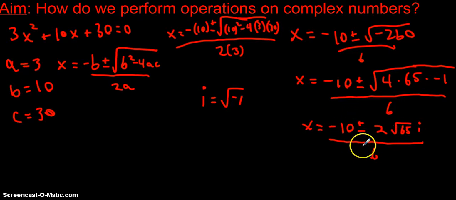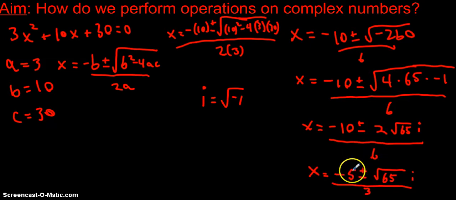10 and 6 have a common factor of 2, and so does 2 and 6. So we can simplify that to be negative 5 plus radical 65 i over 3. And the other root should be negative 5 minus radical 65 i over 3.